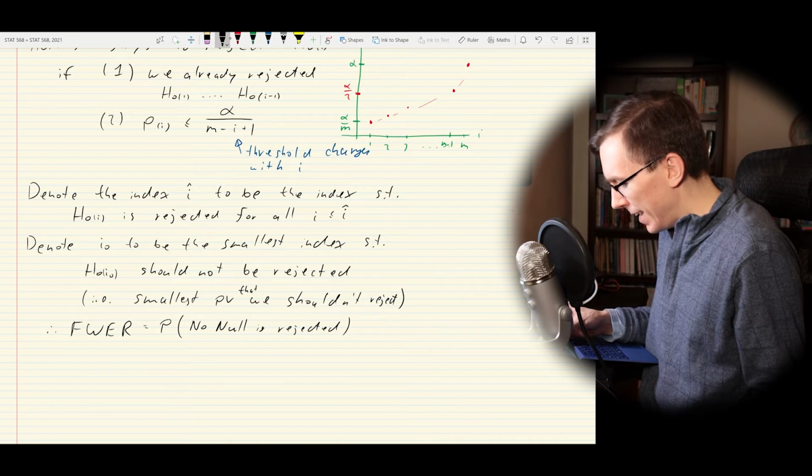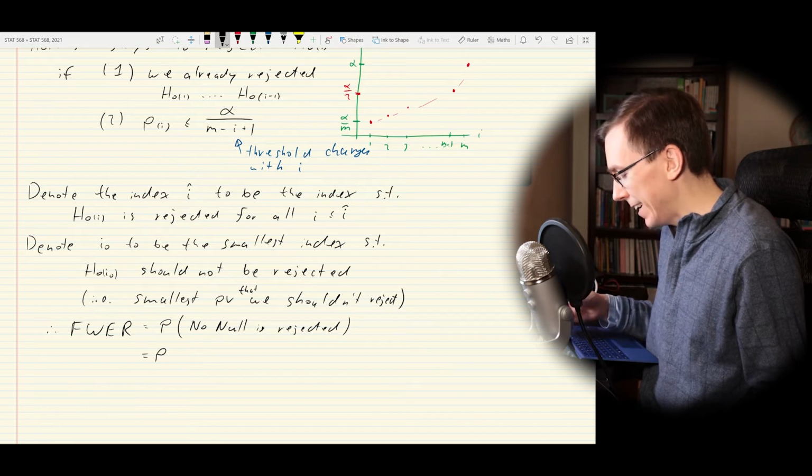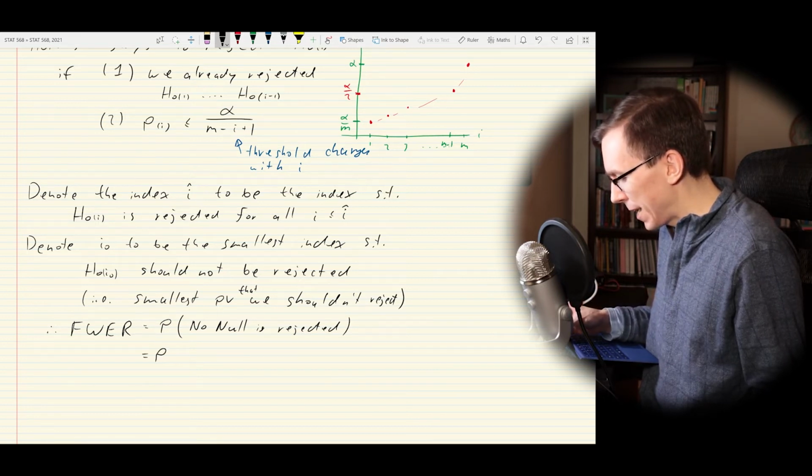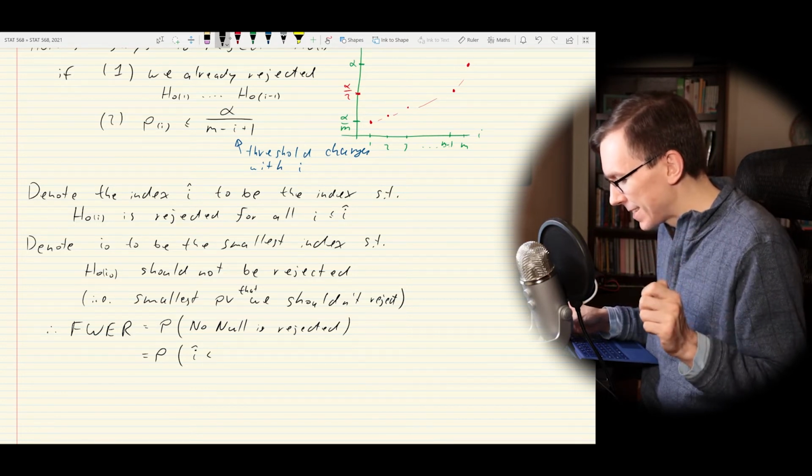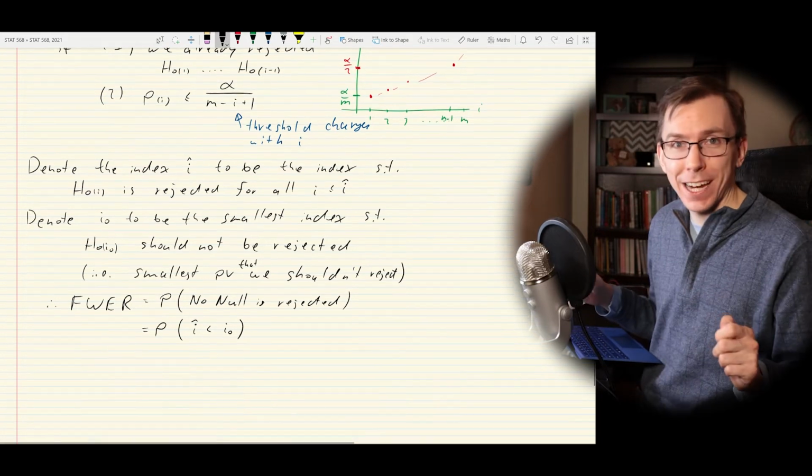And in our case, using this I and I hat notation, it is the probability that I hat, the largest index rejected, is strictly less than I naught, the smallest index that we shouldn't reject, right?